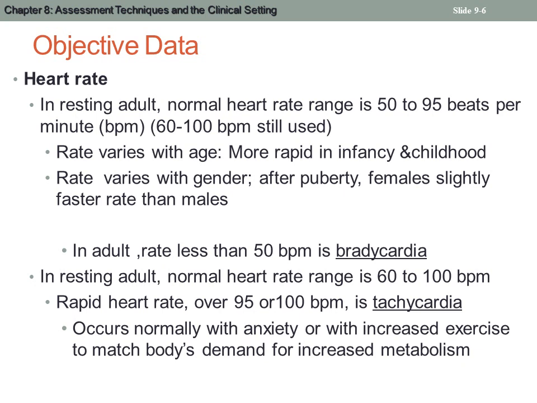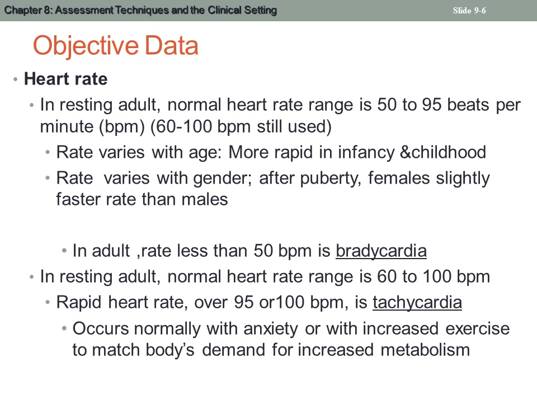Now, if the pulse, when we check the pulse, is below 50, okay, so we're going to use the 50 mark, then we consider that as bradycardia. So it is slower or lower. Again, 60 to 100 or 50 to 95 is what would be normal. So if I have a pulse that is, say, 49, then I'm going to consider that bradycardic.